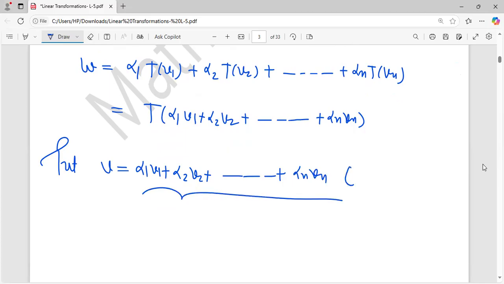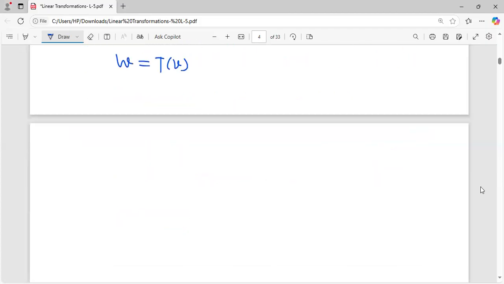And this element belongs to V because v1, v2, up to vn are basis elements. Then w is equal to Tv.